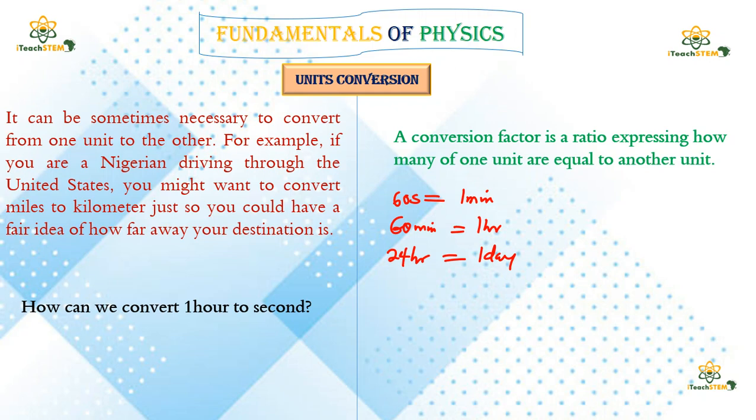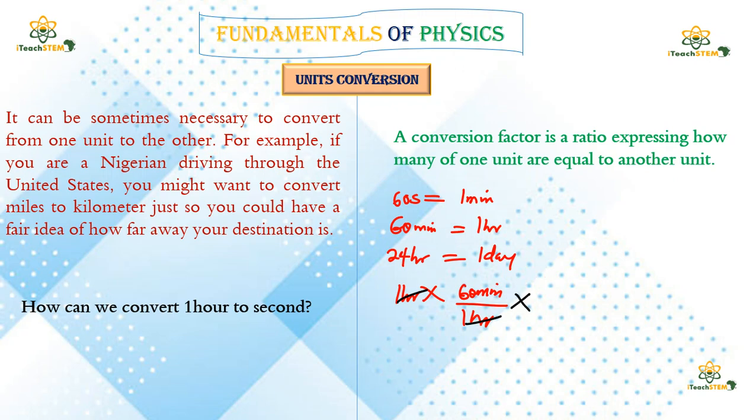So for us to do the conversion from hour to second, we say 1 hour multiplied by 60 minutes in 1 hour. So hour cancels hour, but then we are moving on to seconds. So now we are at minutes, so we have to convert further.